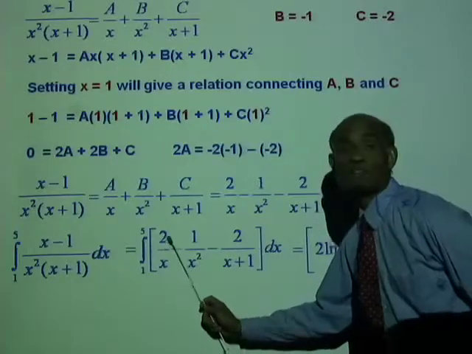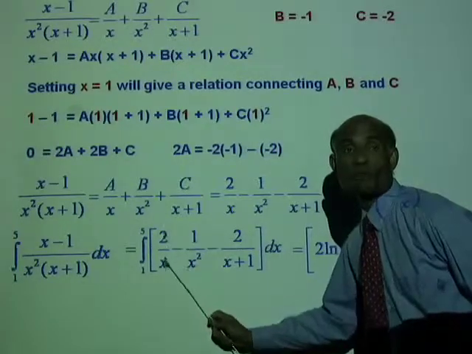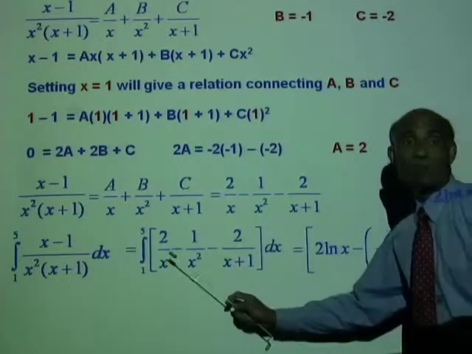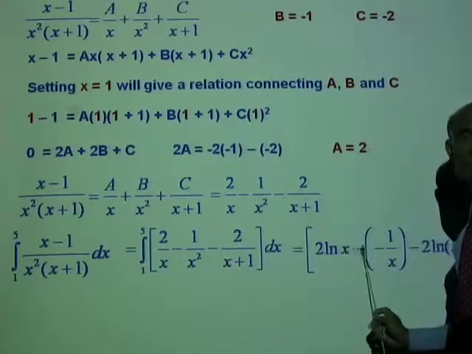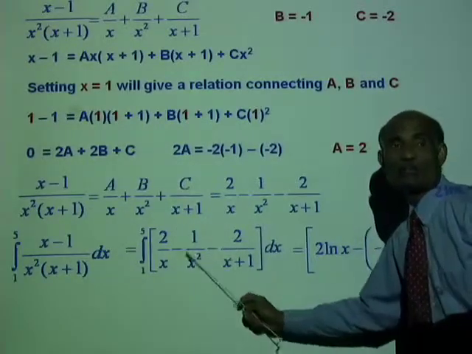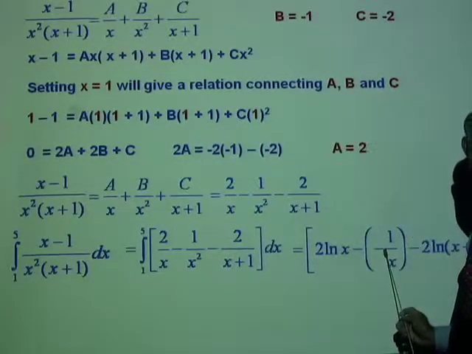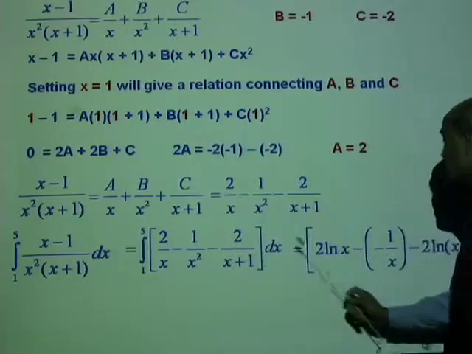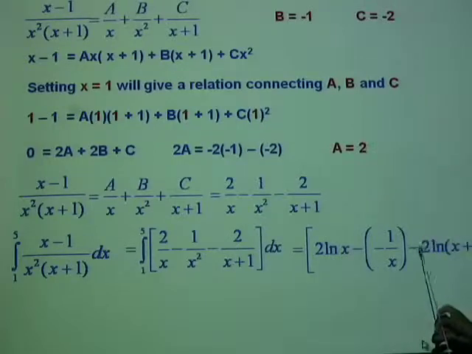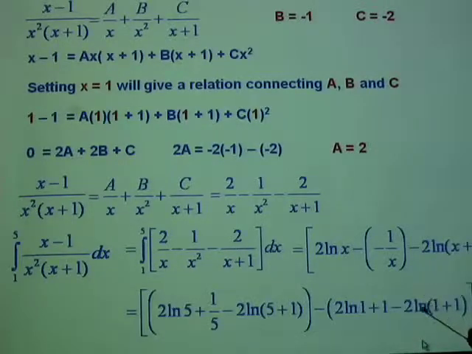Well, the integral of 2 over x will be 2 ln x, and minus, you can see I have used two negatives there, minus the integral of 1 over x squared is negative 1 over x, and minus 2 times the integral of 1 over x plus 1 is 2 ln x plus 1, and the limit is from 1 to 5.